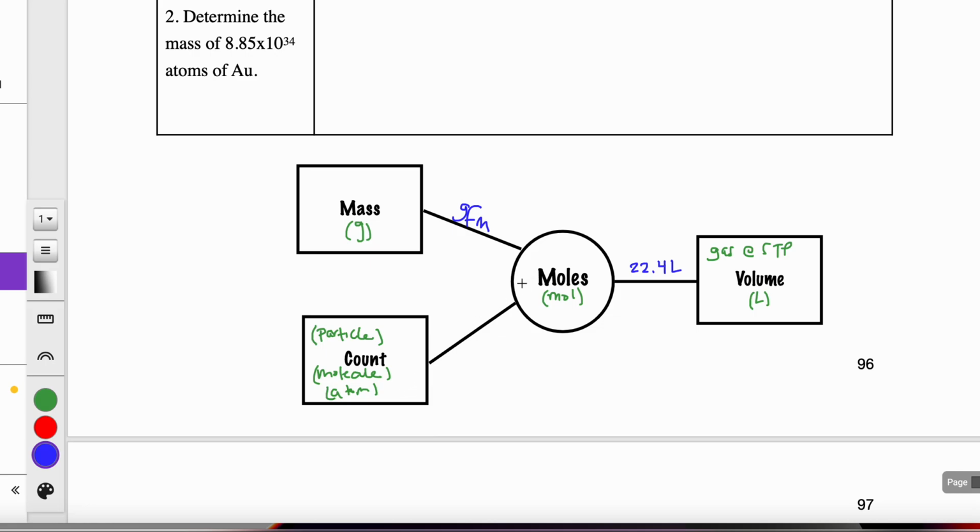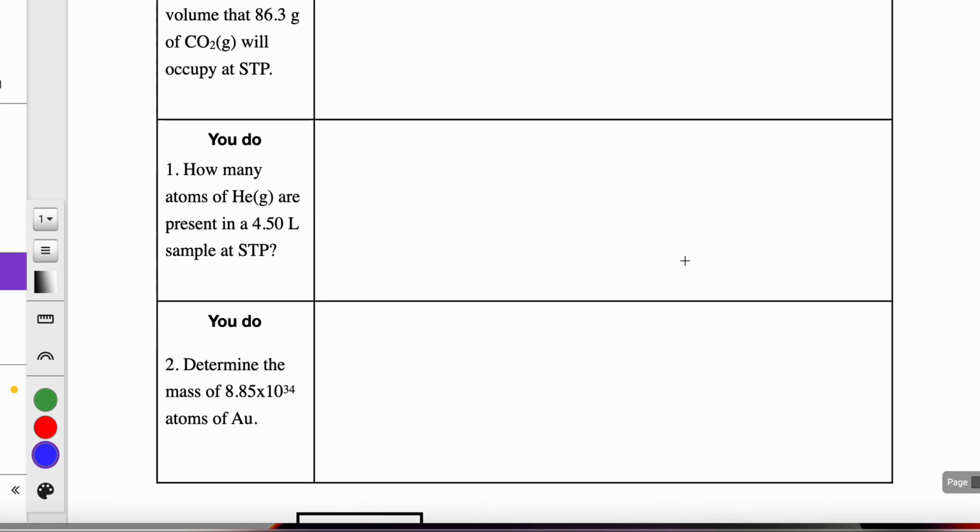And if we need to convert between the count and moles, or moles back to count, we have to use Avogadro's number, which is 6.02 times 10 to the 23rd. And of course, back on our page 88, we have the full mole diagram. We have lots of information on there. So let's take a look here.